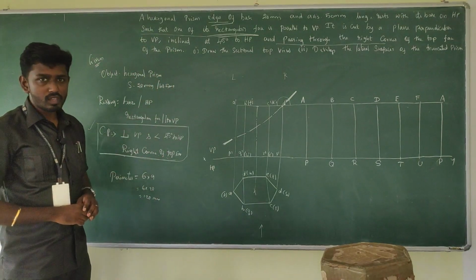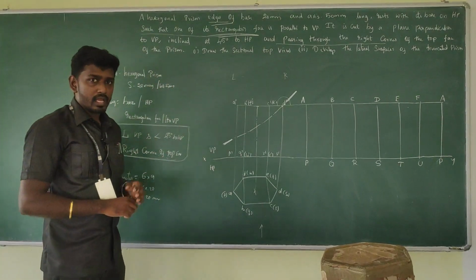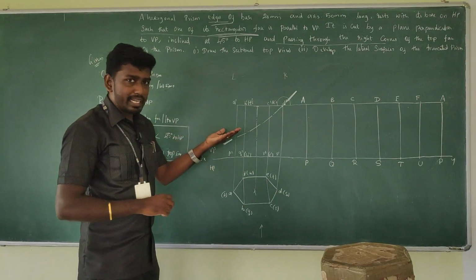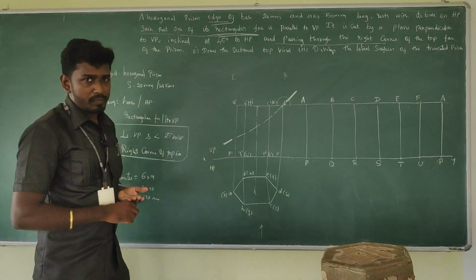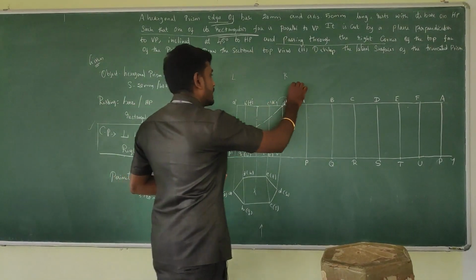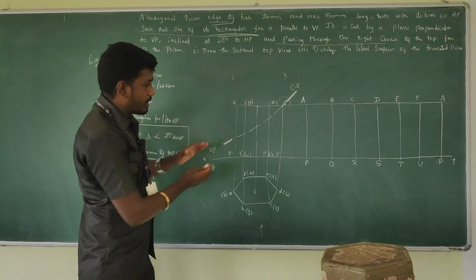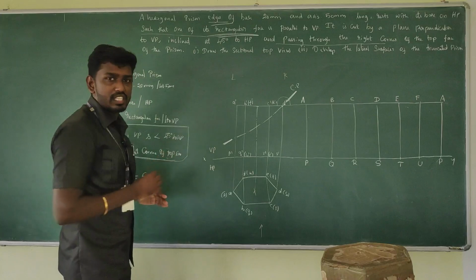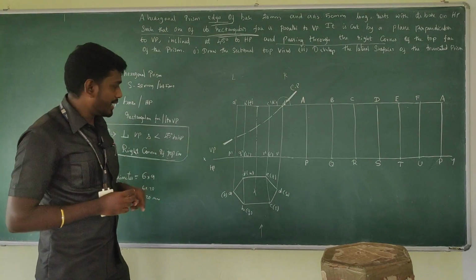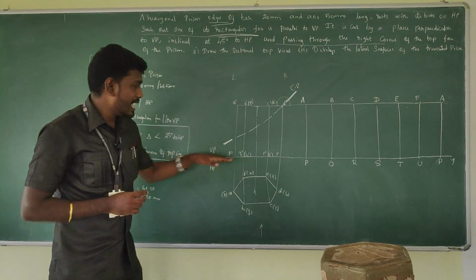Okay, fine. We know when the cutting plane influences the object, the portion between the cutting plane and the observer is the removed one. And this is the portion which remains, between the cutting plane and the reference line.